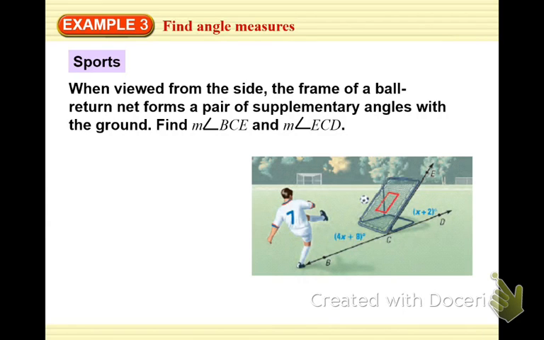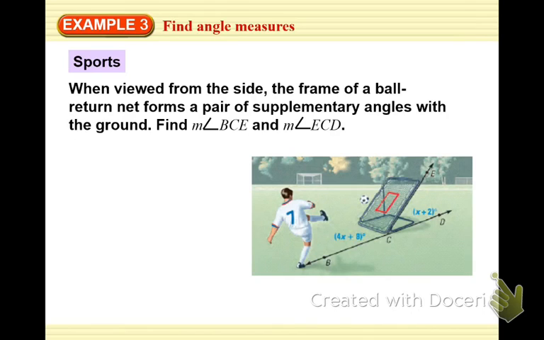Okay, we got a little sports example. When viewed from the side, the frame of a ball return net forms a pair of supplementary angles. And it will. If we don't know those angle measures, but we have some expressions, then we should still be able to find the angle measures. Okay?